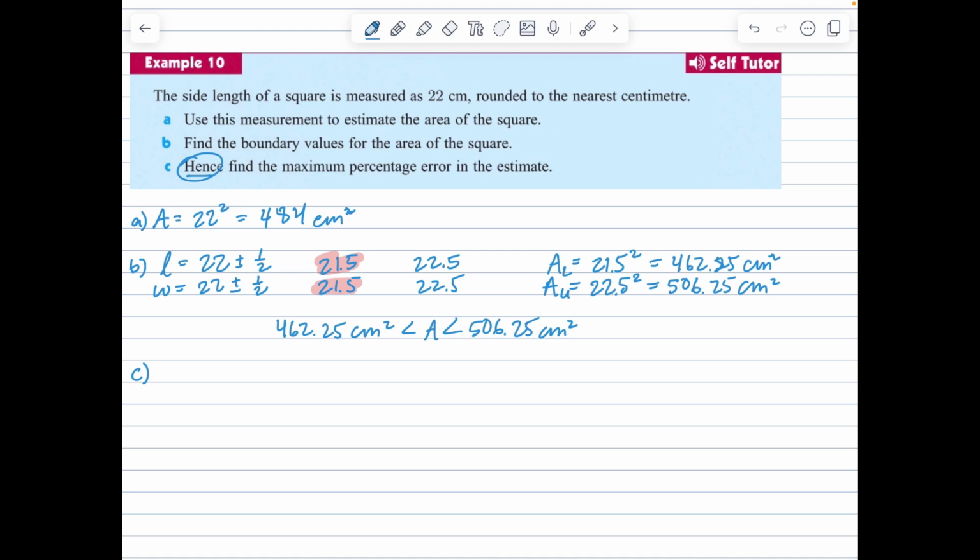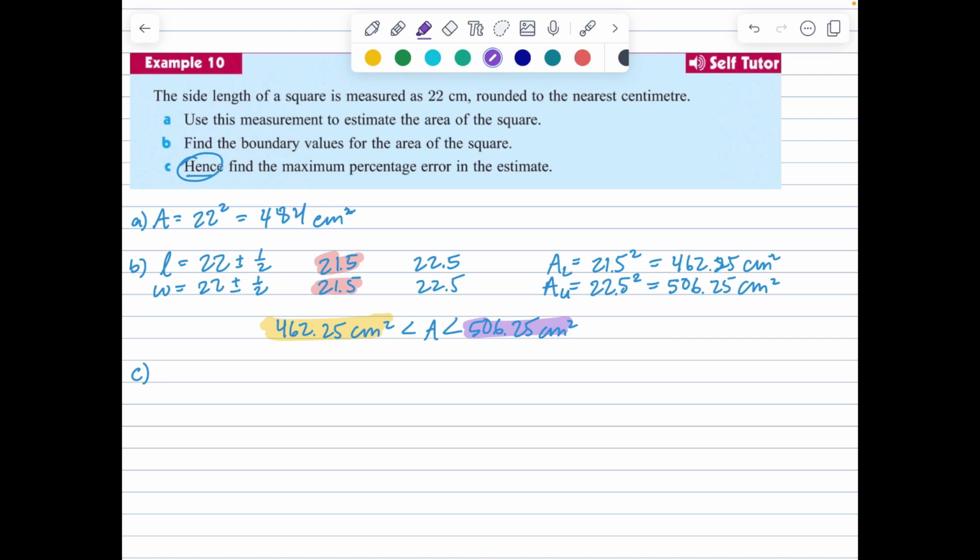To find the maximum percentage error in the estimate, that implies there might be multiple percentage errors. Well, we've got multiple possible actual values. Let's highlight. We have a possible actual value as low as 462 and as high as 506. So let's see if those produce different percentage errors.